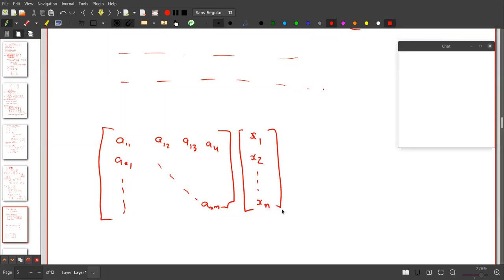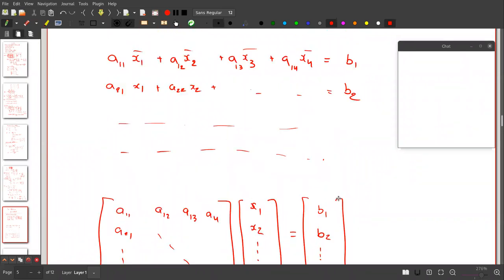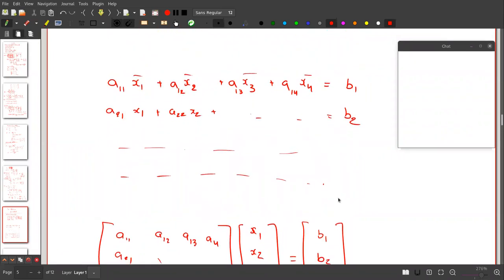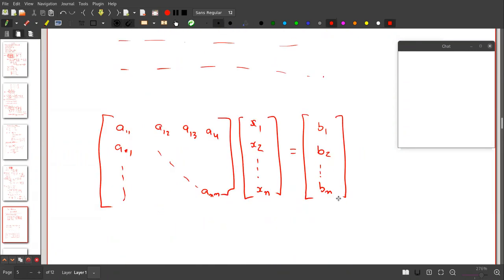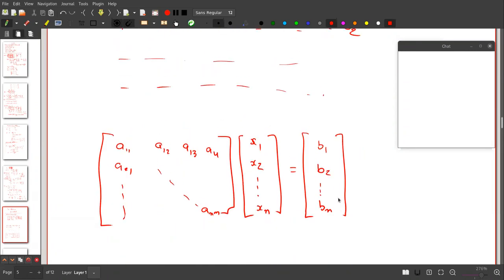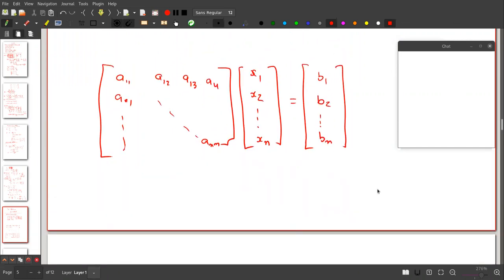I am taking n equations and n unknowns, and the right hand side will be b1, b2, and so on, bn. So the system of equations became a matrix form. It looks very simple, there is nothing complicated in this. All the coefficients are in one matrix, all the unknowns in one vector, and the result is another vector.